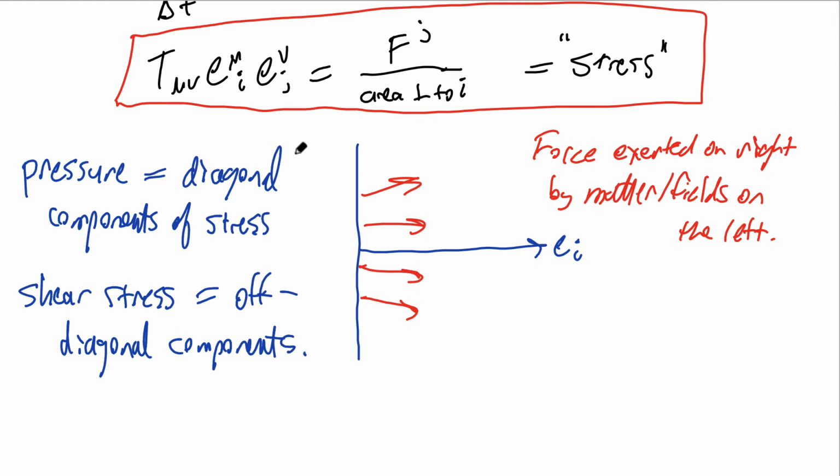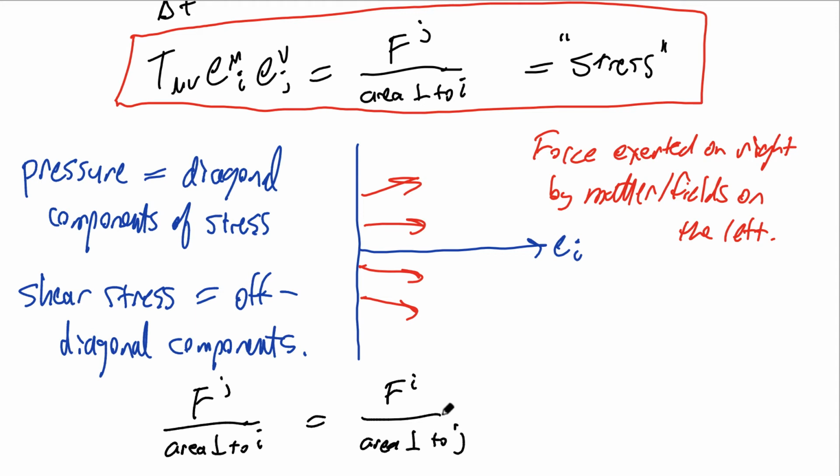Now, we've already talked about the fact that the stress energy momentum tensor is symmetric. So that means the stress tensor is symmetric. So in particular, the J component of the force per unit area perpendicular to the I direction must equal the I component of the force across an area perpendicular to the J direction.